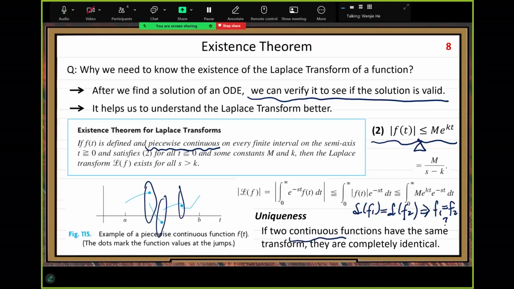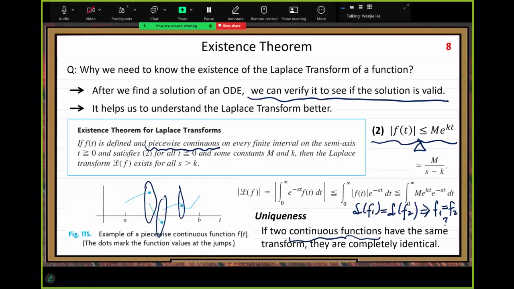So if two functions are the same except at finitely many points, people call them essentially the same. Not completely the same, but essentially the same. But if these are two continuous functions, then you do not need that qualification. They must be the same.